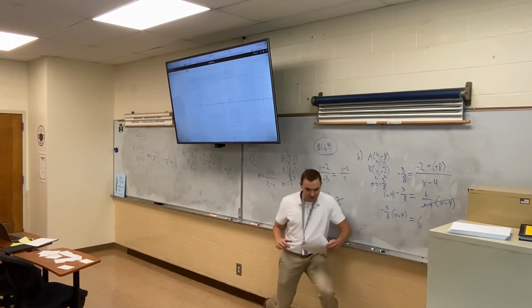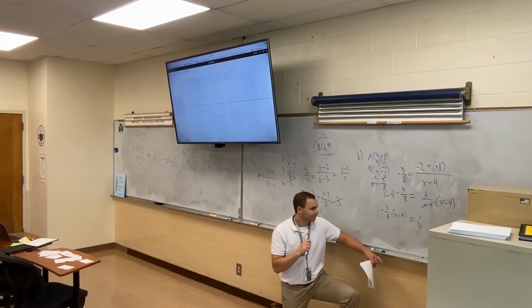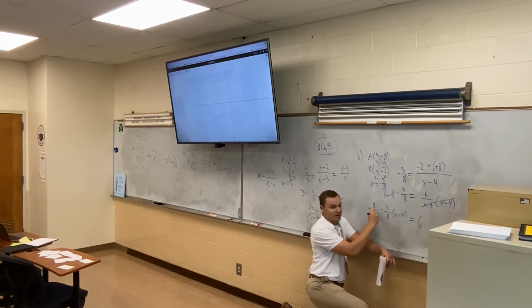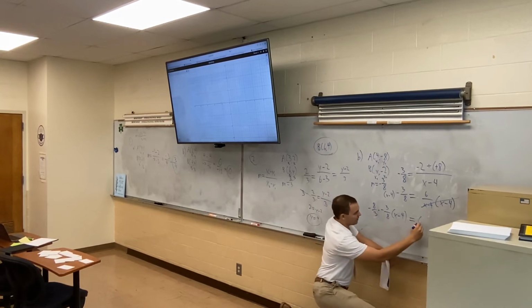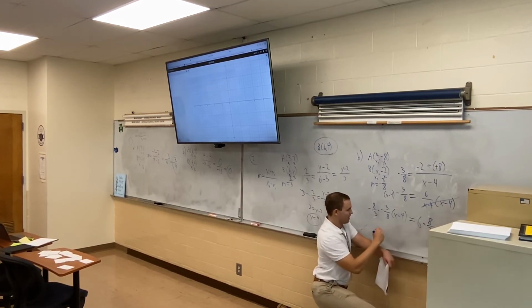I want to get my x by itself. Okay. So I'm going to get rid of this -3/8 next by multiplying by -8 over 3, on both sides. I get x minus 4.